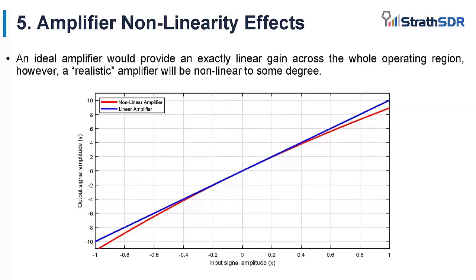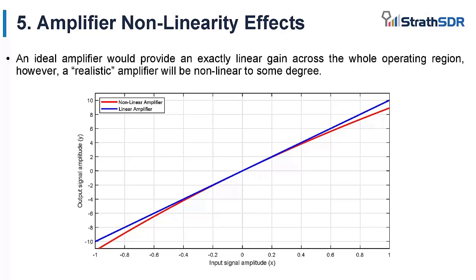Before moving on to look at some examples, let's just clarify what's meant by the term non-linearity in relation to amplifiers. A perfectly linear amplifier is shown in blue here. In this case, the output is a directly scaled version of the input. The scaling factor is constant across all input signal amplitudes.